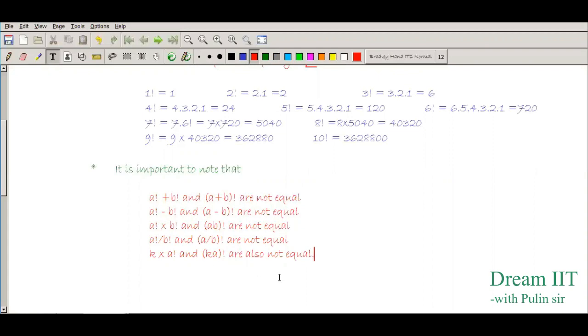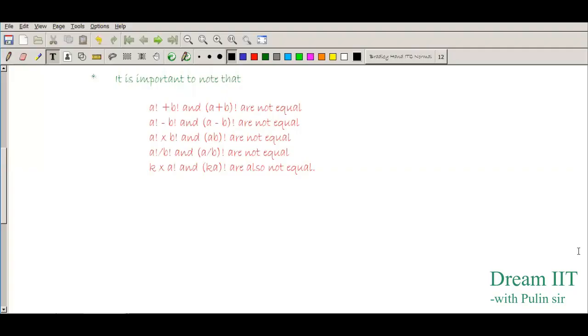These are very small things, but very, very important. Please see this. An important observation. This we already did, but still, as a part of the formal answer, I am writing: n factorial is equal to n times n minus 1 factorial, right?